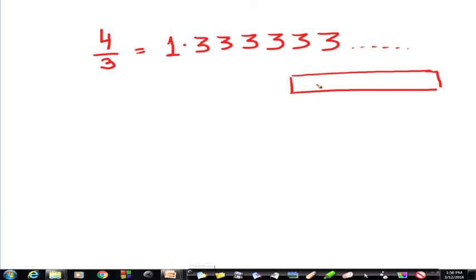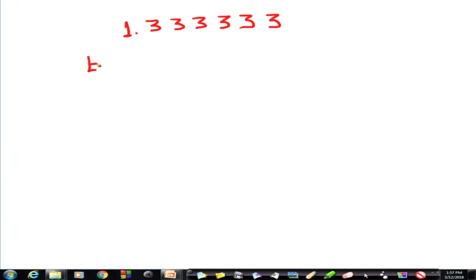Therefore, I may represent this as 1.3333, say with 6 digits after the decimal point. The actual value was much more, so I am actually committing some error.